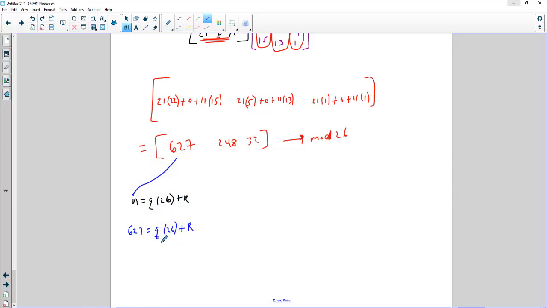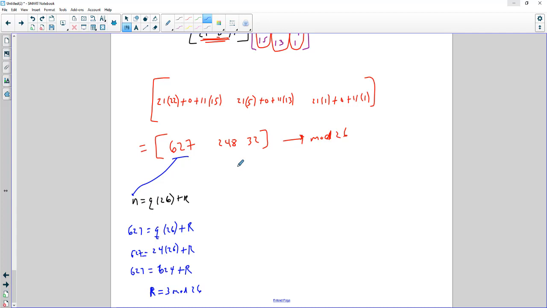So I got 24 times 26 plus R. And 627 is going to equal 624 plus R. And this remainder is going to be a 3. Okay? So what that means is that 627 is the same thing as 3 mod 26.